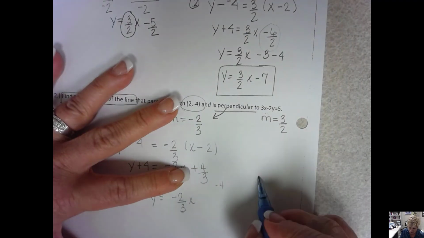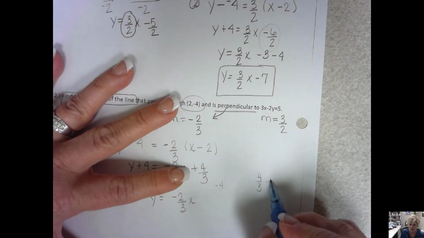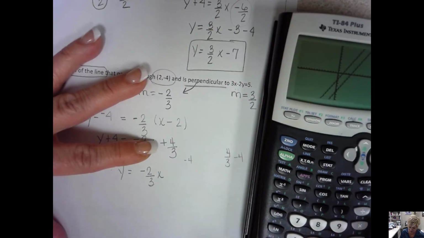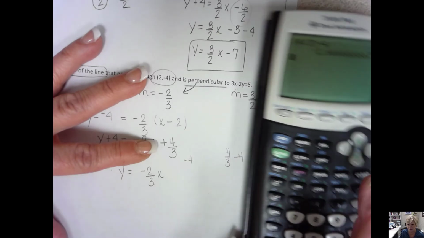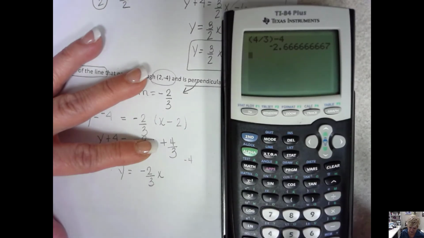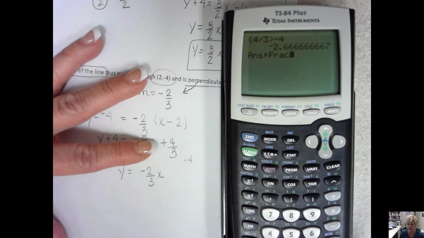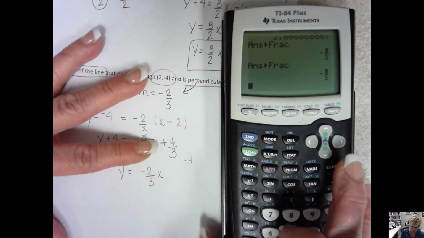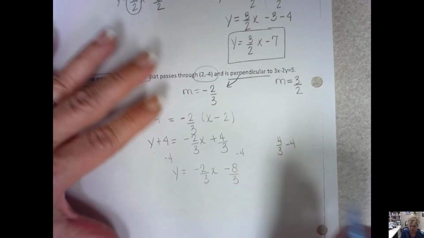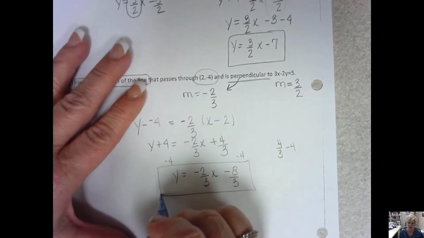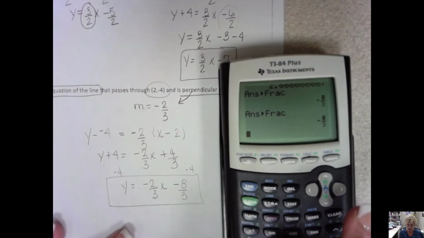Let's see what 4/3 minus 4 is going to be. 4 divided by 3 minus 4 is -2.6. And let's turn that into a fraction. -8/3. So that looks like the equation of the perpendicular.